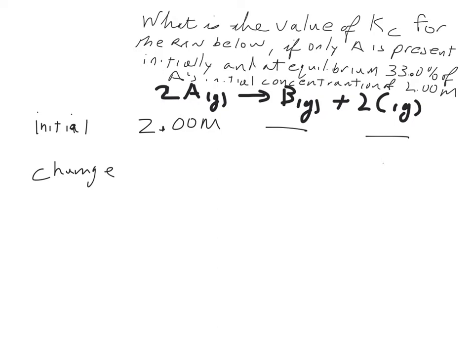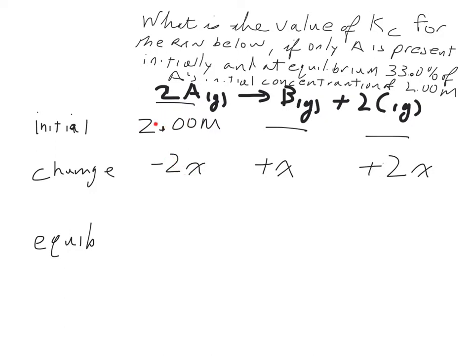For every 2 moles of A I consume, I form 1 mole of B and 2 moles of C. And where did this come from? This came from my stoichiometric coefficients, right?